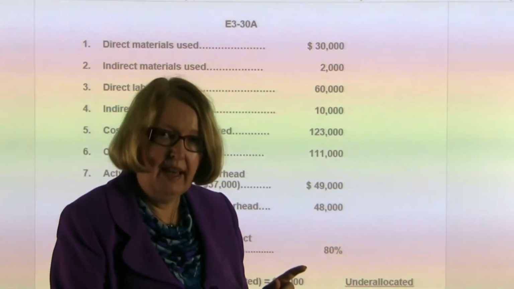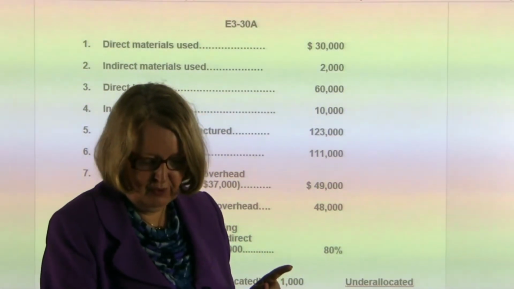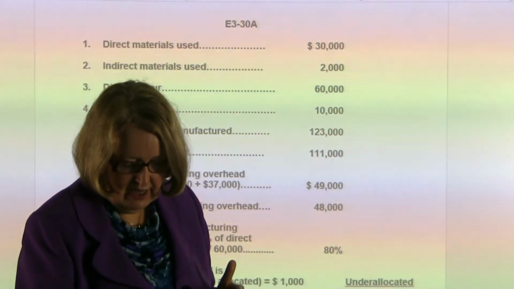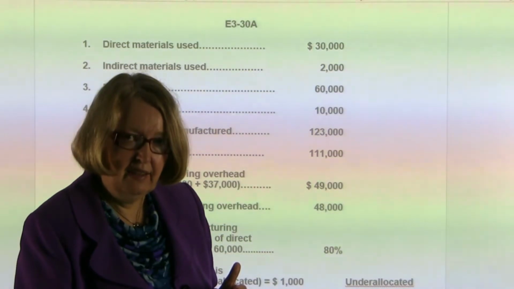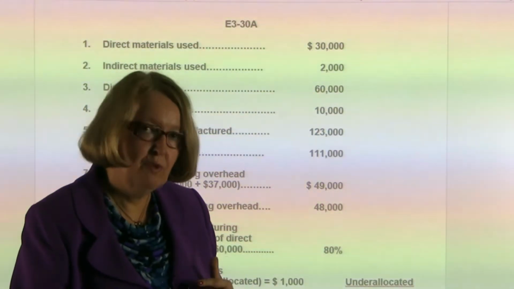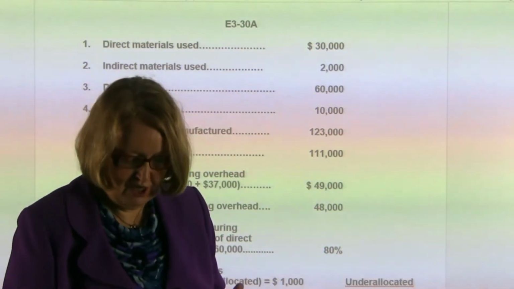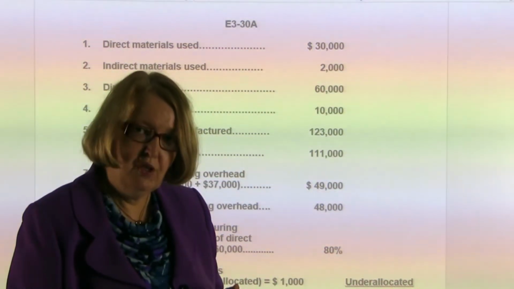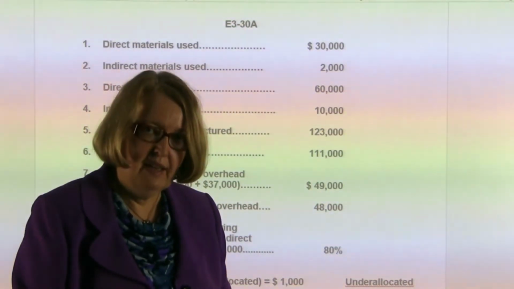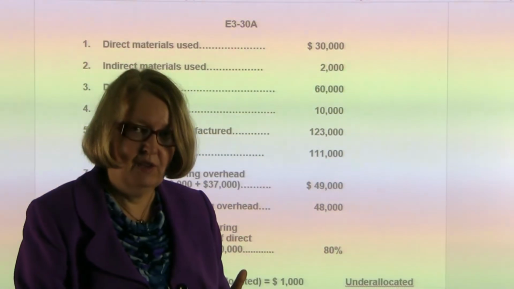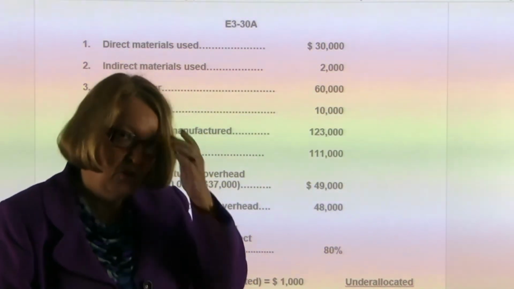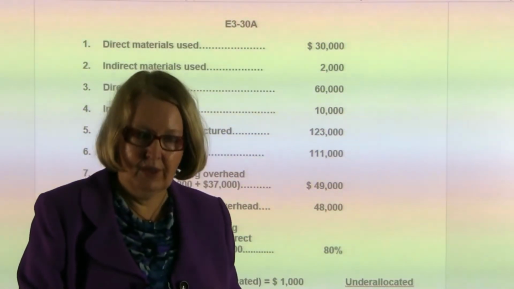If you trace through the raw materials T account, you'll see that we're crediting $32,000 worth of raw materials. Remember, the terms raw materials and direct materials we use interchangeably. So you remove $32,000 worth of raw materials. 30,000 of that is going to be used in the manufacturing of the product. So that's the 30,000 you see in your work in process inventory T account.